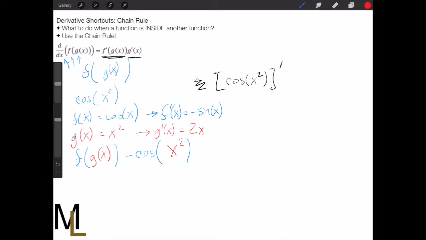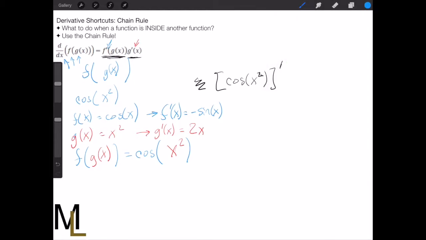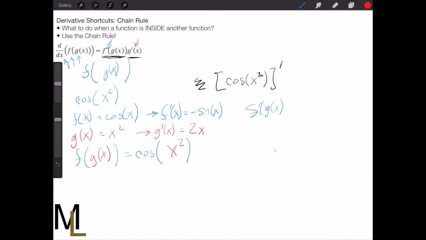And then we look at this formula and we know g prime of x gets used and f prime of g of x gets used. So now if we write this down, we basically need f prime of g of x times g prime of x, okay?